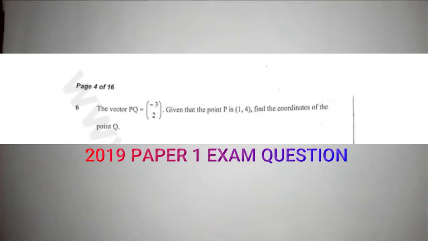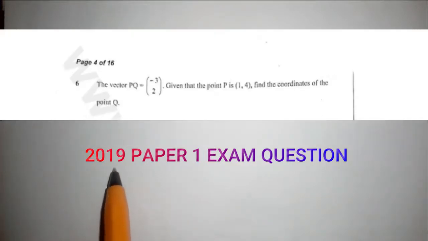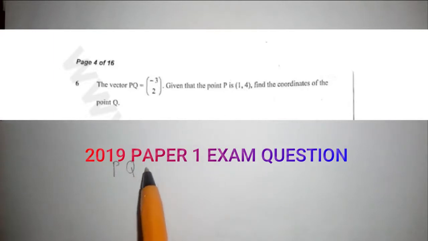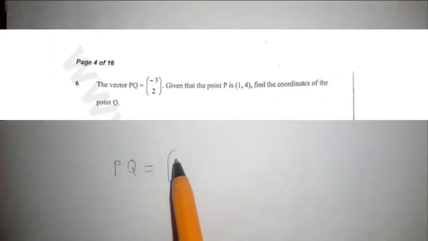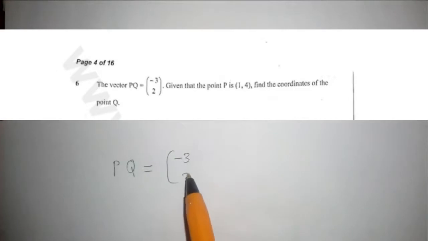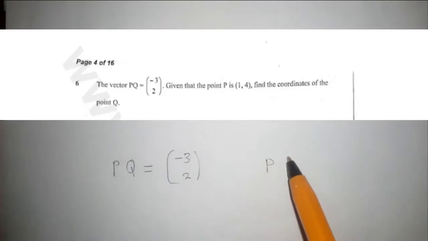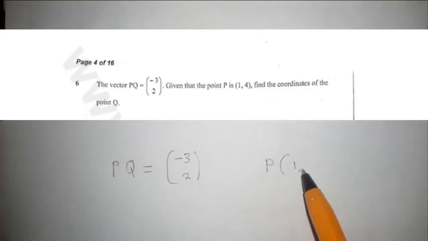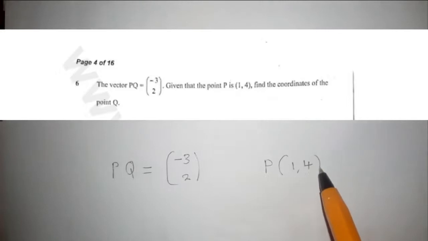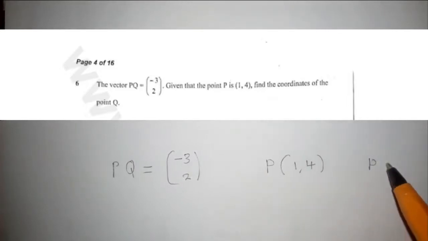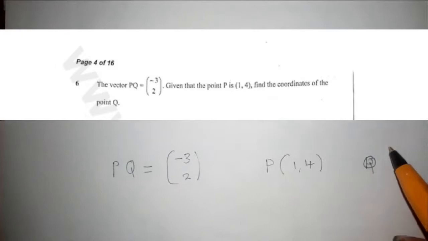Given that the point P is 1, 4, find the coordinates of the point Q. So they have said that PQ is equal to negative 3, 2 here, and they have given us the point P, which is 1, 4. And point Q, we don't know, say X, Y.